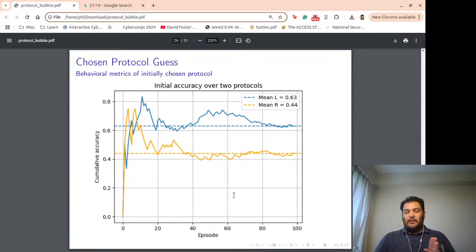If I'm actually playing this two-step protocol, how good am I at guessing? And the answer is, before I've done any training, my guess was right 63% of the time on one instance, and on the other instance I guessed right 44% of the time.